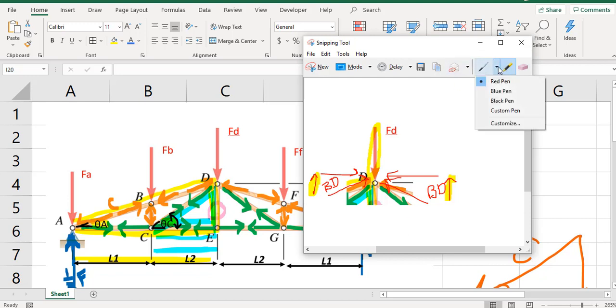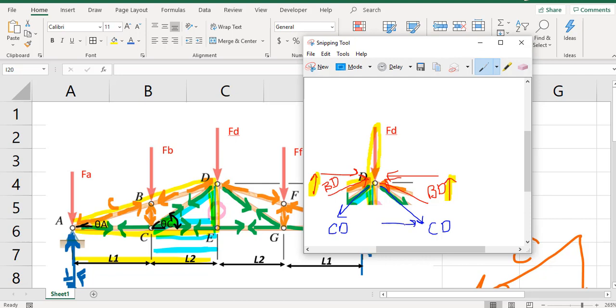Okay, so as well as BD, we also have these tension members coming down, right? So this is CD. And again, if you think about what's in tension, this is going to be symmetrical on one side to the other. And the X piece of these two guys is going to balance out.